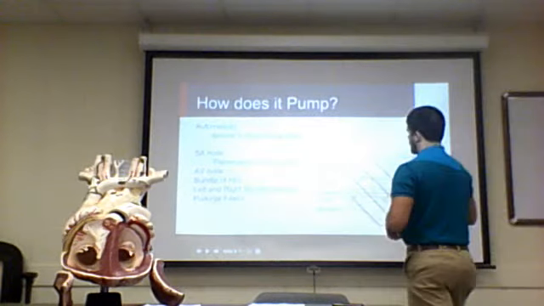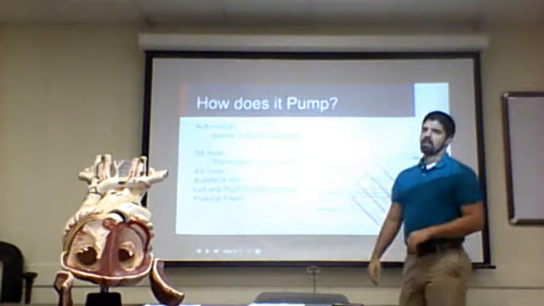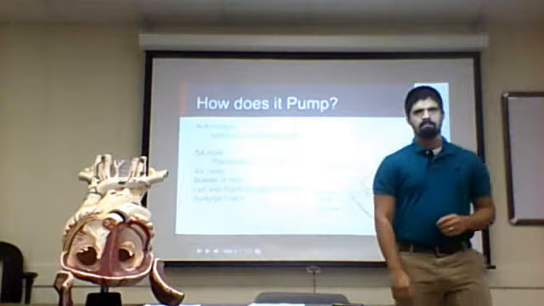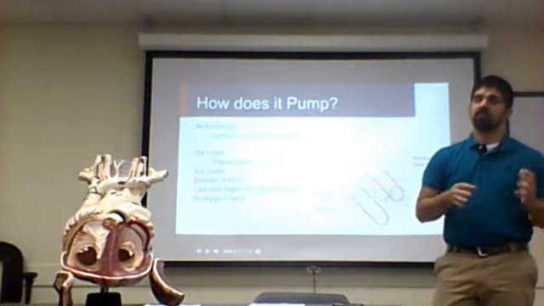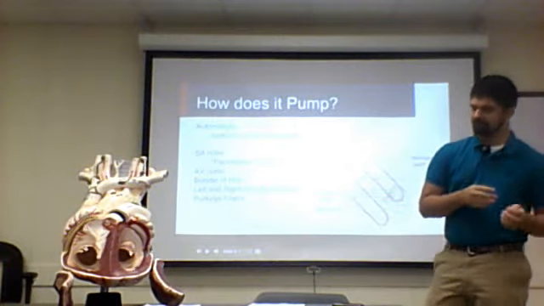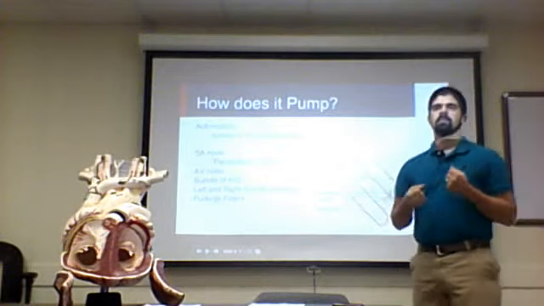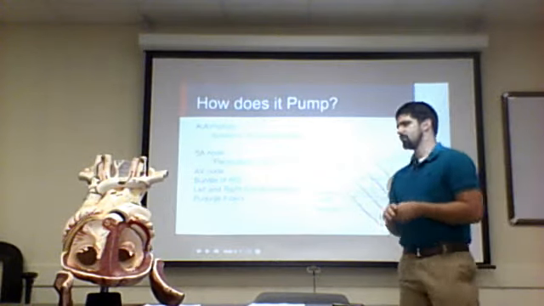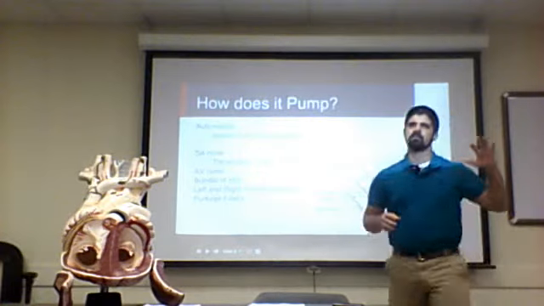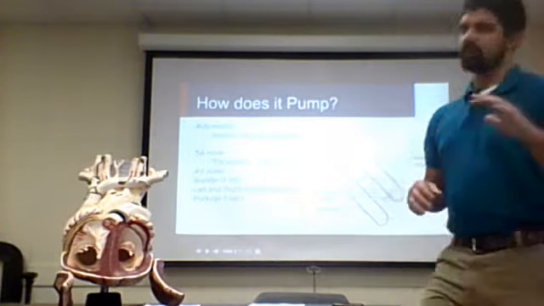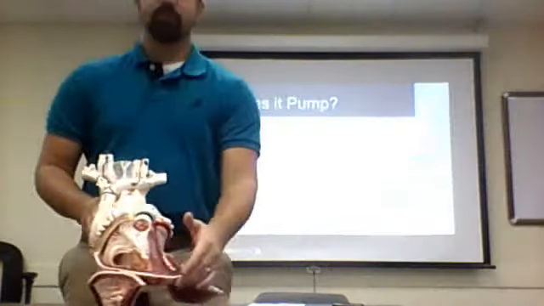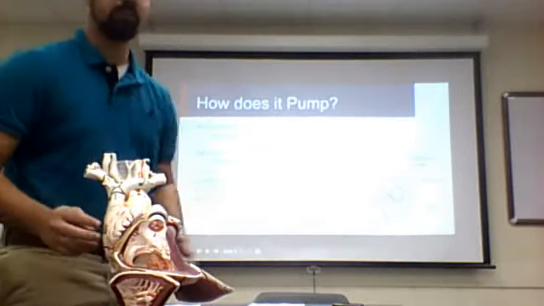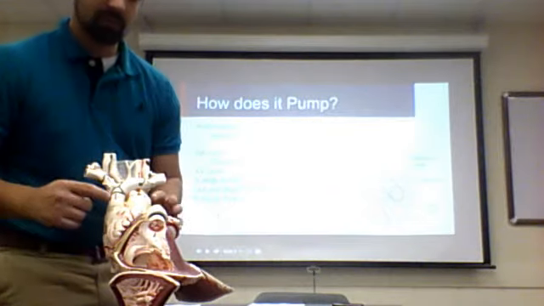Now it's going to get to the next node called the AV node, or the atrioventricular node. Now, this node has a very special function as well. It actually has a built-in pause in it, so to say. I'm going to use this model because you can see this a little bit better.